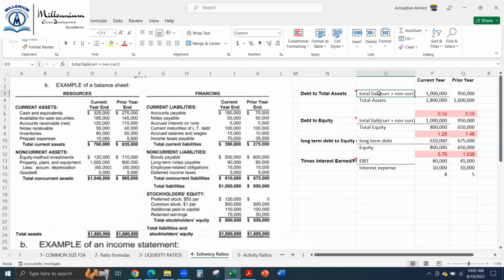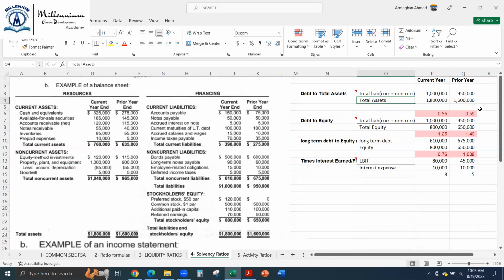Obviously, total liability should be less. In the total assets we have two things, liability and equity, right? Which proportion should be more, liability or equity? Equity more is better, right? Yes, sir.